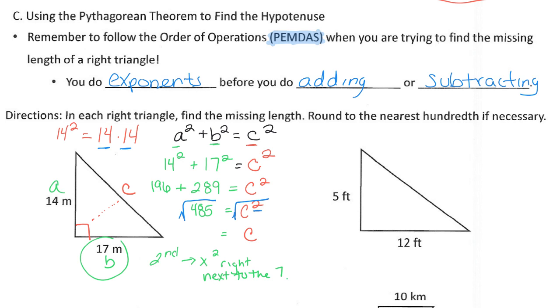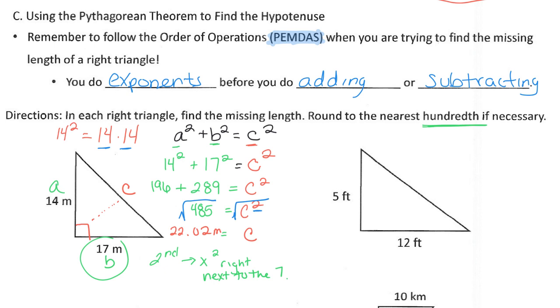So you do second square root, and then type in 485, and hit enter. When you do this, you'll get a really long decimal, so we're just going to round that to the 100th because that's what it says to do. So c is equal to 22.02. And then we always label meters. All right, so that's how we do it.